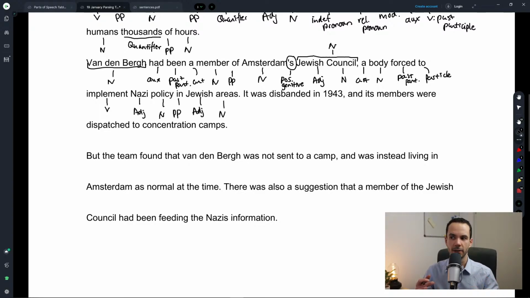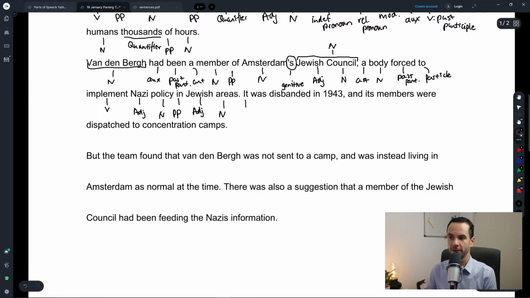So we're allowed to say, well, we have Amsterdam, which is our noun, and then we have the genitive apostrophe S as a separate part of speech. So I'll take away the pos because that might be confusing, but the apostrophe S is basically a genitive, right? It's something that's indicating possession. In this case, Amsterdam's Jewish council.